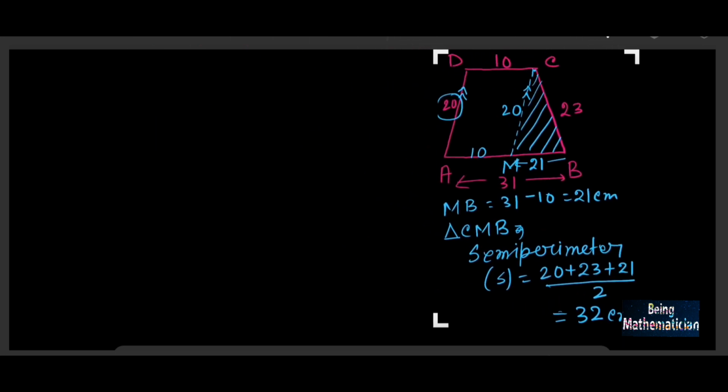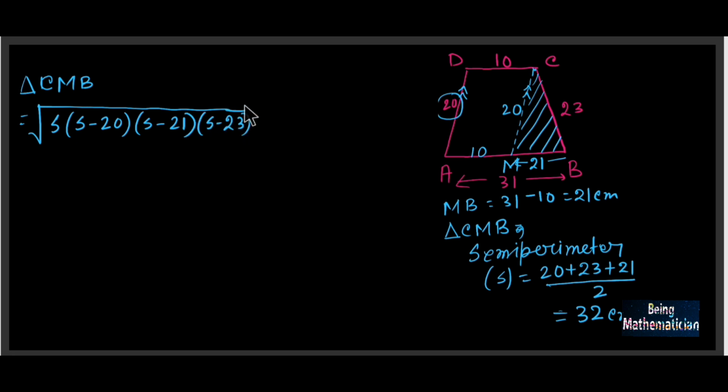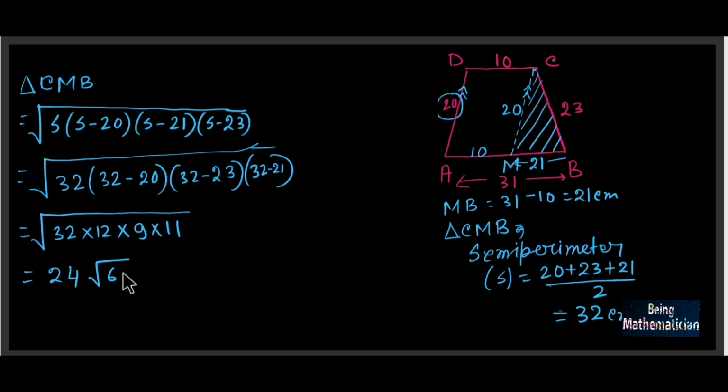So the area of this triangle CMB is root over S into (S minus 20) (S minus 21) (S minus 23). Now it is 32 minus 20, 32 minus 23, and 32 minus 21, and it is 32 into 12 into 9 into 11, and it is 24 root 66 centimeter square.